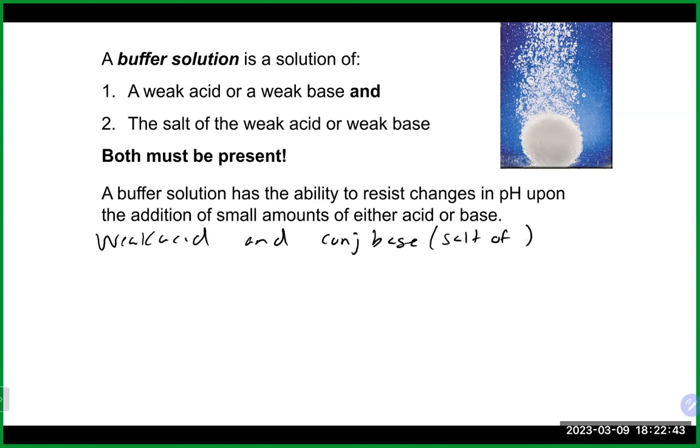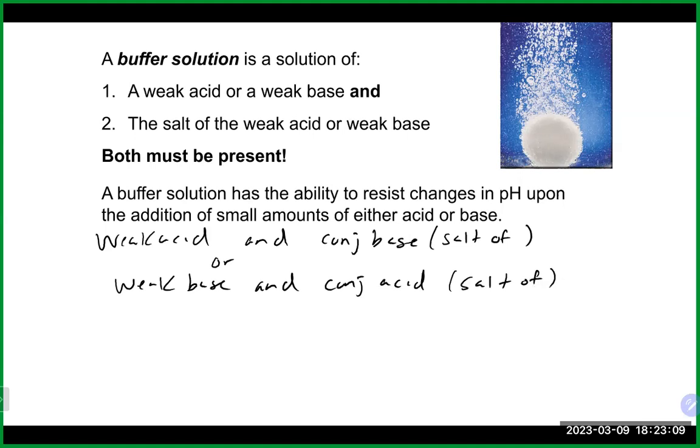And it's referred to as the salt of its conjugate base because, frankly, it's got like a sodium ion, a potassium ion, something there that's just going to balance out the charge. Or you could have a buffer that's made up of a weak base and its conjugate acid, which again is also sometimes referred to as the salt of its conjugate acid.